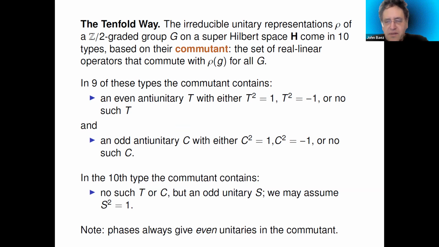And so we see that different types of things are possible. You could have an even anti-unitary in the commutant. You could have an odd anti-unitary in the commutant, or not.